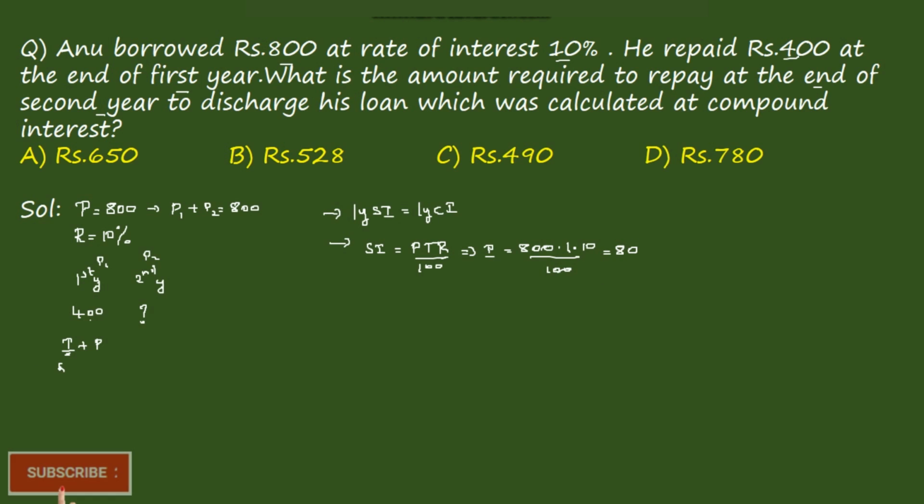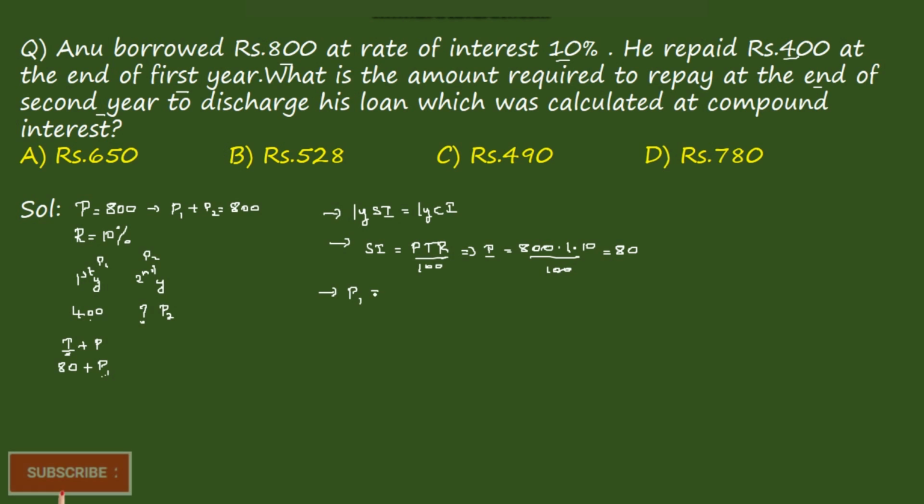So he pays 80 rupees plus part of the principal P1. After paying this, the P2 amount should be paid. What is the P1 value? We're finding it out. Here it is given that 80 plus P1 is 400.